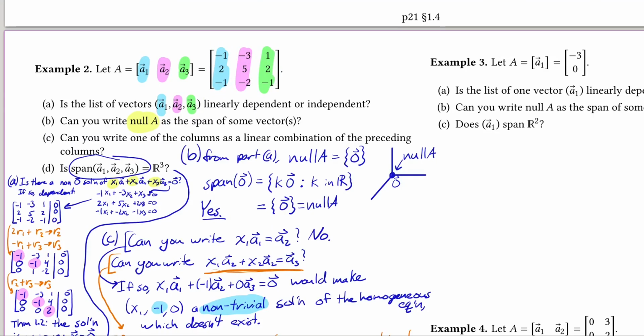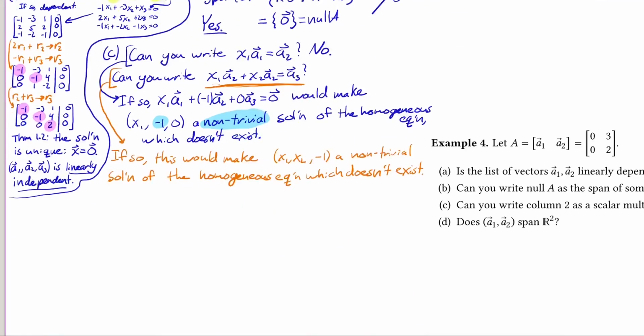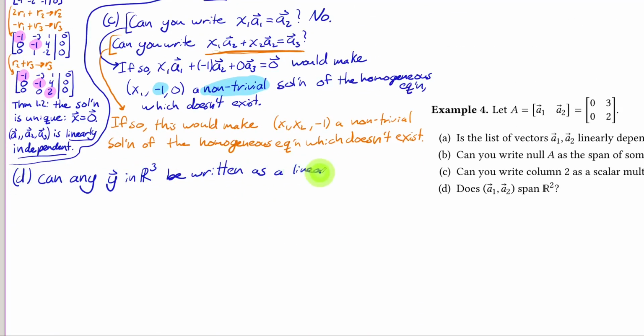But is every R3 vector also in the span? Can every R3 vector be written as a linear combination of A1, A2, A3? In other words, no matter what vector y you have, does the following vector equation have a solution?